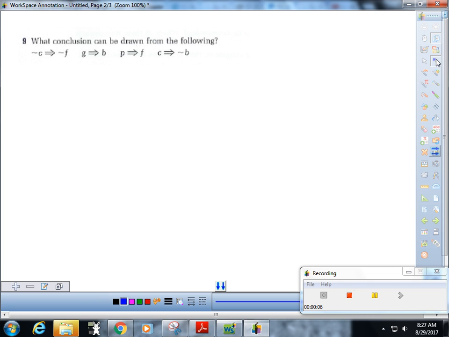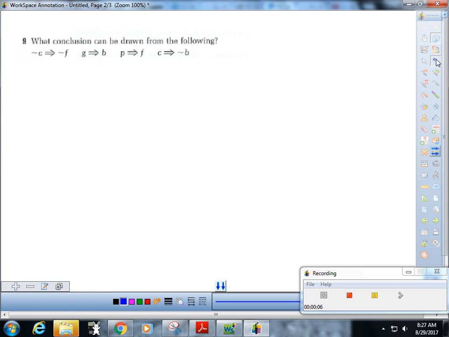Does that make sense? The other thing it's trying to get you to understand is that if a conditional statement is true, then its contrapositive is also true. And the weird thing about that is a true if-then statement in itself. It's like inception. So let's go back to our classic if-then statement.